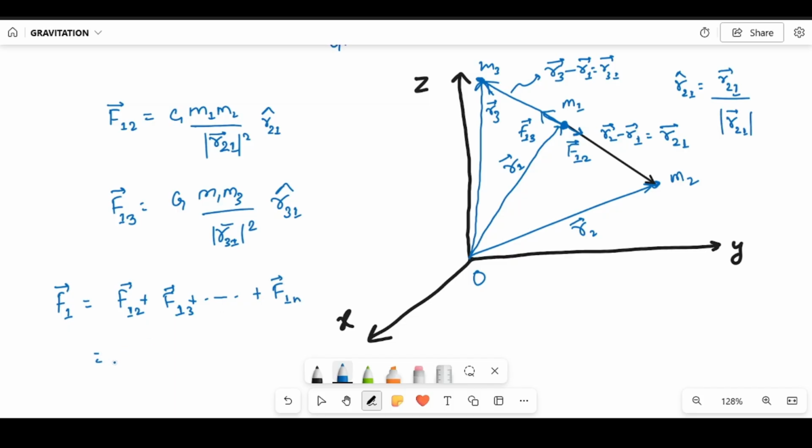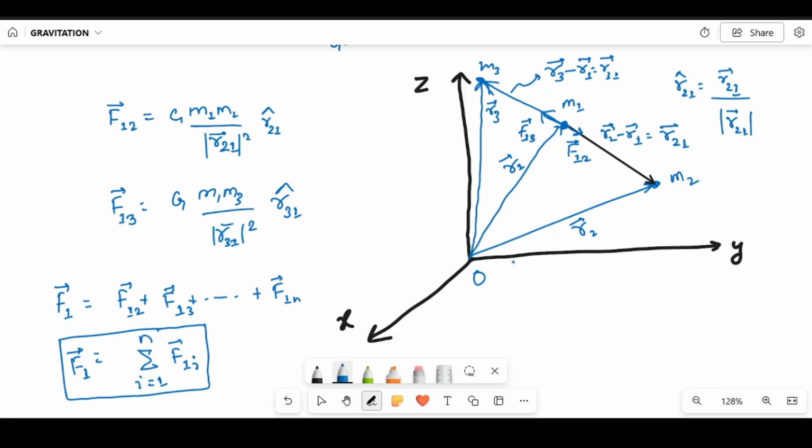And then we can write it in summation form, i equals 1 to n, F1i vector. This is the net gravitational force on the body 1. And the same argument you can carry forward to find out the net force on this m2 due to the other masses around it. Okay, so this is all for this particular discussion.